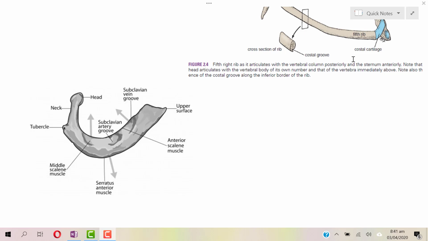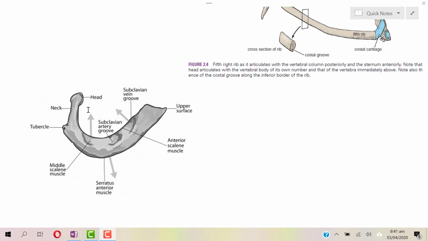In the typical rib we have surfaces, outer surface and inner surface, but in the first rib we have superior surface and inferior surface, and there is no costal groove. These were the differentiating points for the first rib, which is the first atypical rib.